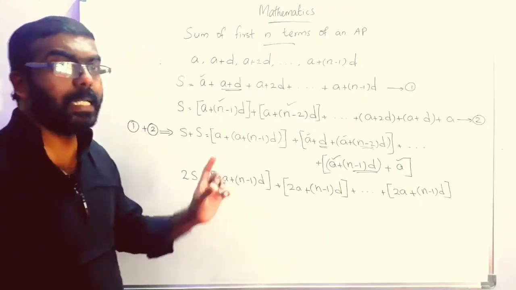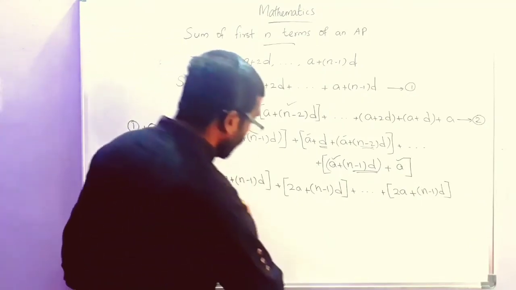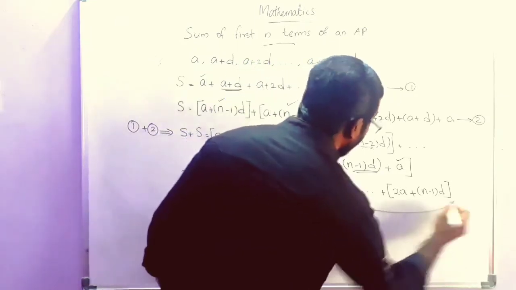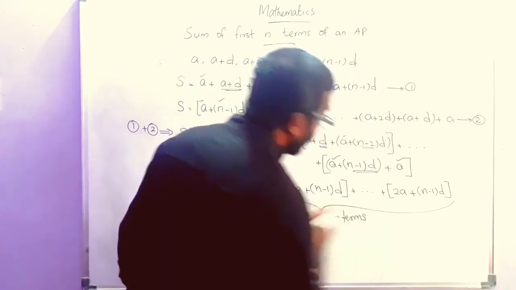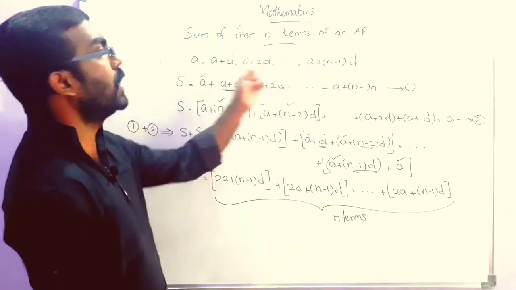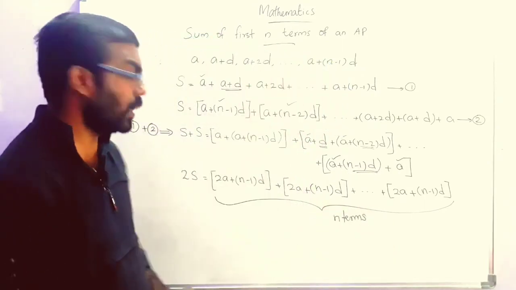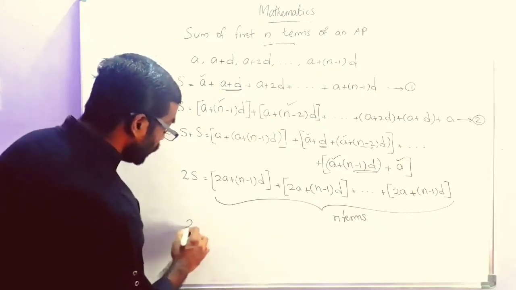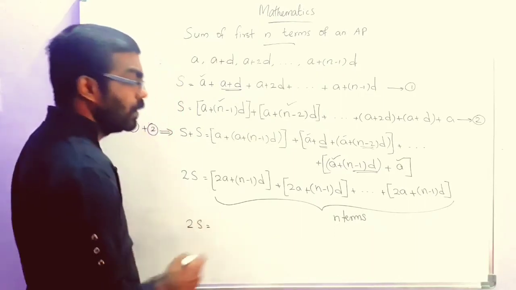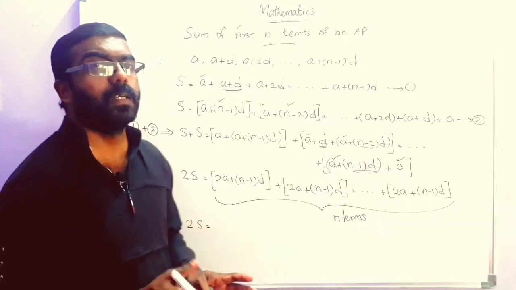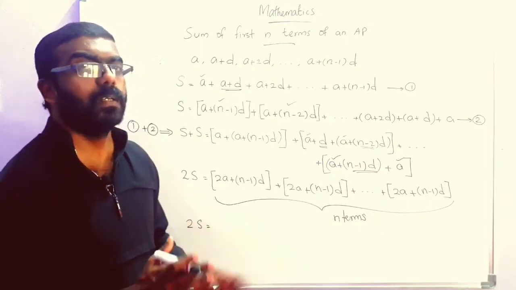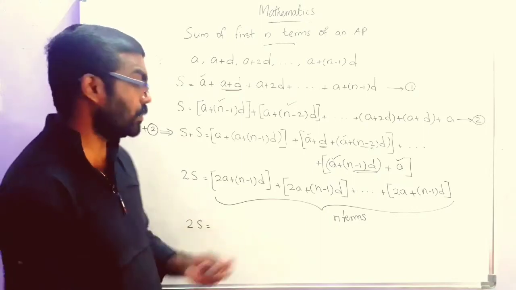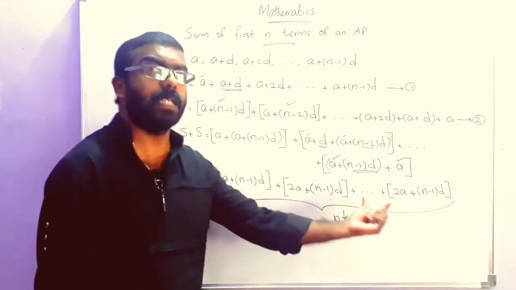How many times? N times. So here there are n terms, because we consider the first n terms of an AP. So 2S is equal to, if there are 10 terms, then it will be 10 times. If there are 5 terms, then the sum will be 5 times, because each and every term are same.